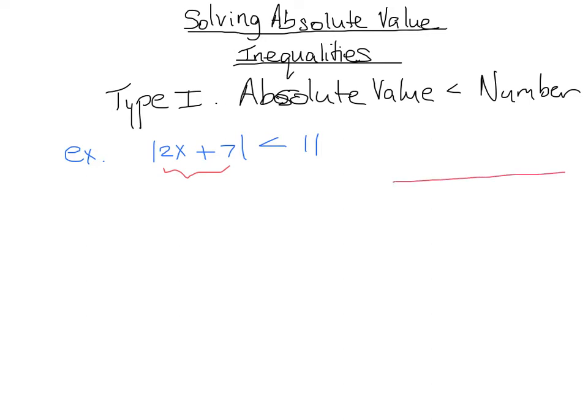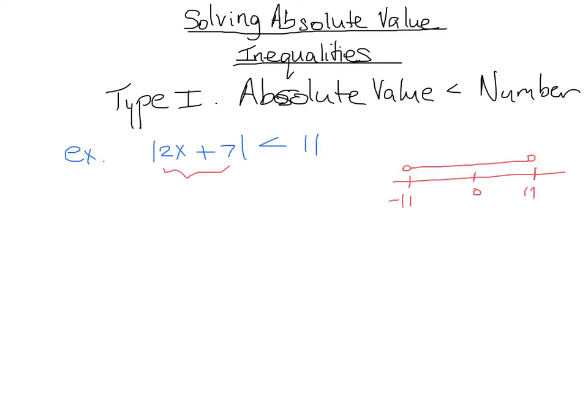So let's visualize this really quickly. Imagine 0 is right here. What numbers are less than 11 away from 0? And we can figure that out by just looking at this number line. Anything between negative 11 and 11 could be our solution, because all those numbers are less than 11 away from 0.